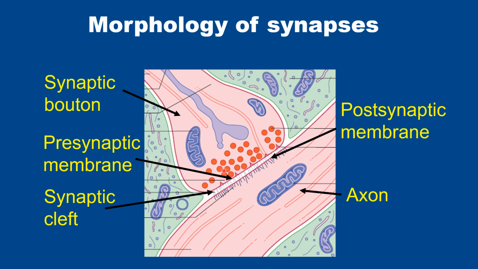The contact site has a thick presynaptic membrane, the postsynaptic membrane, and a synaptic cleft. The postsynaptic membrane may be part of the axolemma or may be part of the cell membrane of the neuron.